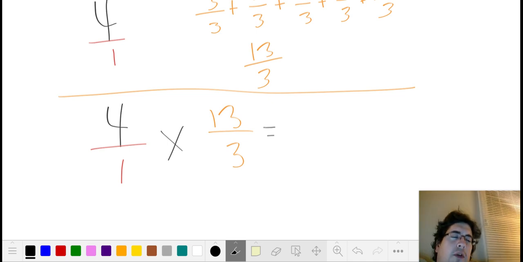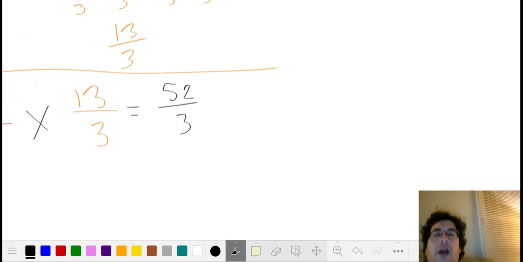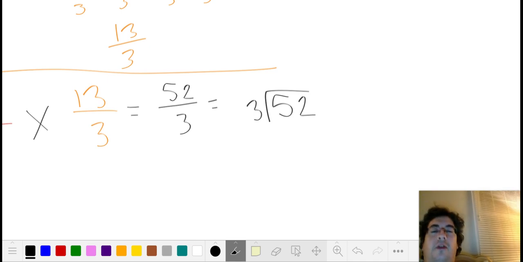So 4 times 13, that's the same thing as 4 times 10, which is 40, plus 4 times 3, which is 12. So 40 and 12 gives us 52. And then we have 1 times 3 gives us 3. And we could leave our answer as an improper fraction, 52/3. But if we wanted to convert it into a mixed number, we could divide the numerator by the denominator. 3 goes in 5 once.